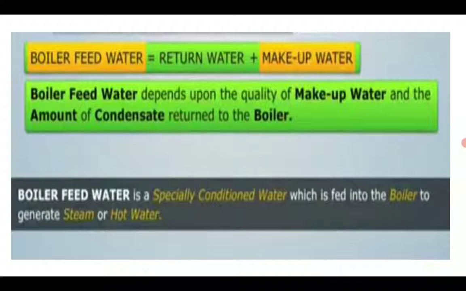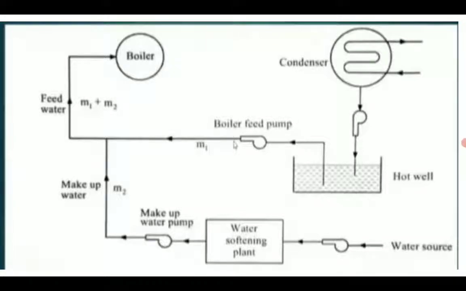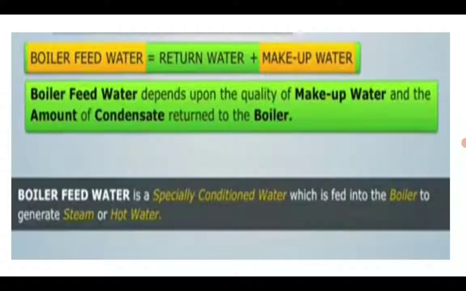So in order to increase the quality, we treat it with the water softening plant. So the quality of the makeup water and the amount of condensate returned to the boiler, that is the quantity. So I can summarize like this.